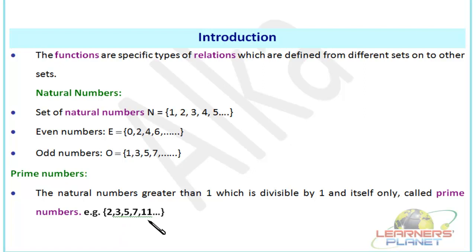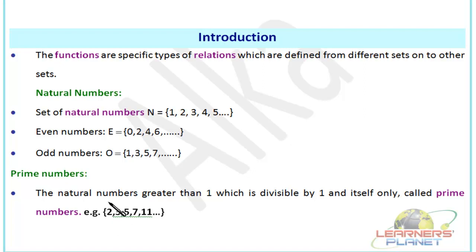Suppose 2, 3, 5, 7, 11, 13, 17, 19. You can very well see that these numbers, say 2, 3, 5, don't have any other factor. If I talk about 5, 5 has just two factors, that is 1 and 5, right? Similarly for 7, there are two factors only, 1 and 7. For 11, there are two factors only, 1 and 11, right?